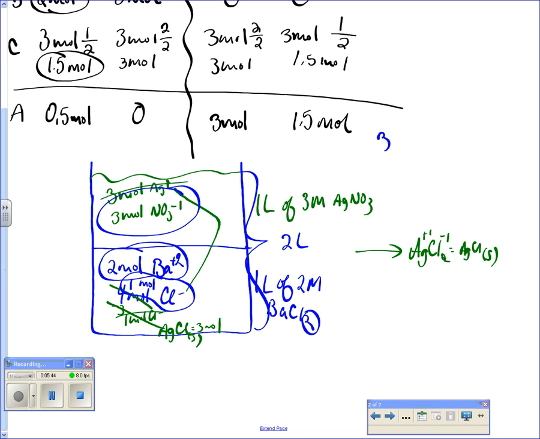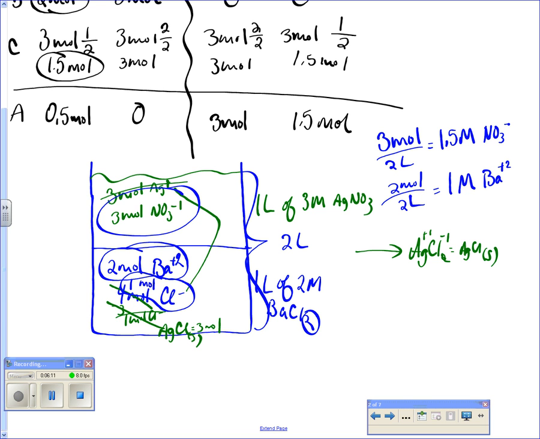So 3 moles divided by 2 liters, it's going to be 1.5 molar of nitrate ions. I'm going to have 2 moles divided by 2 liters. So that's going to be 1 molarity of my barium ions.